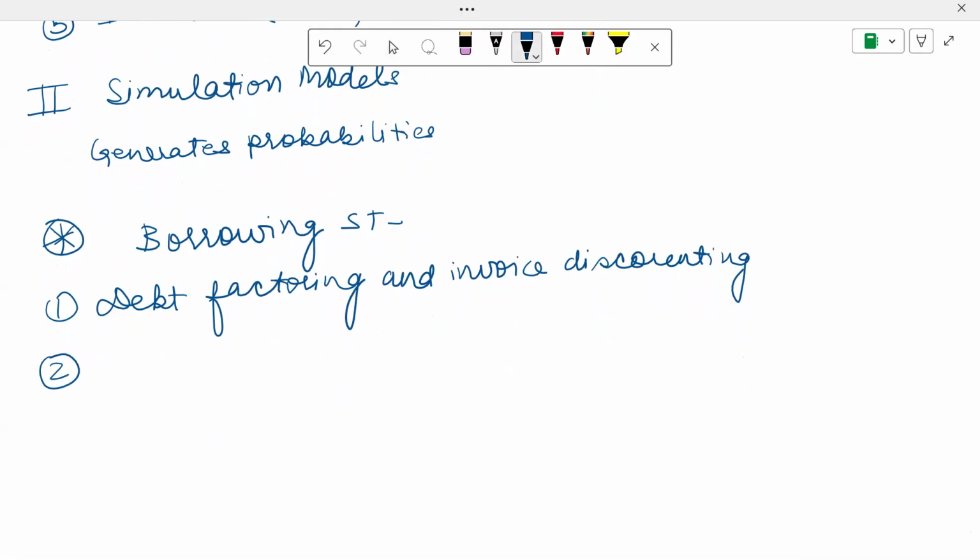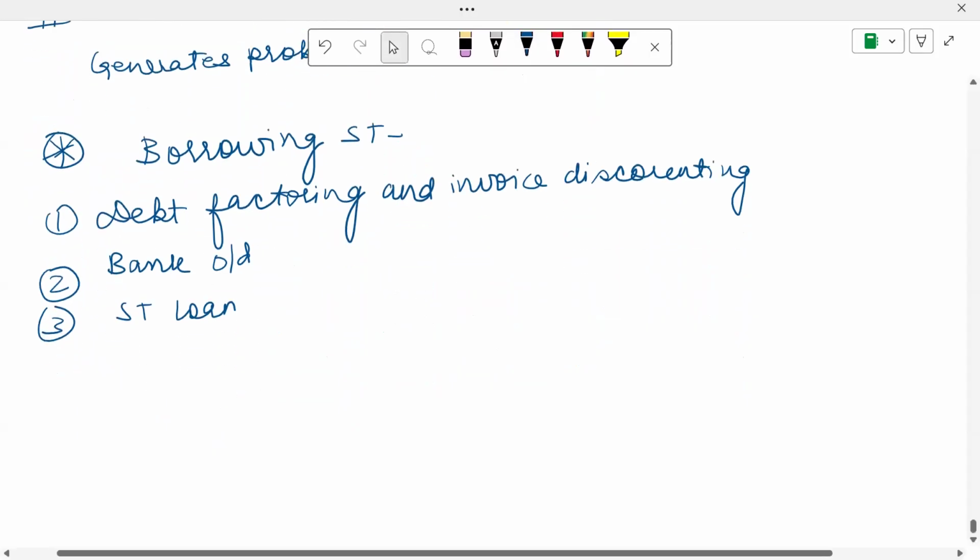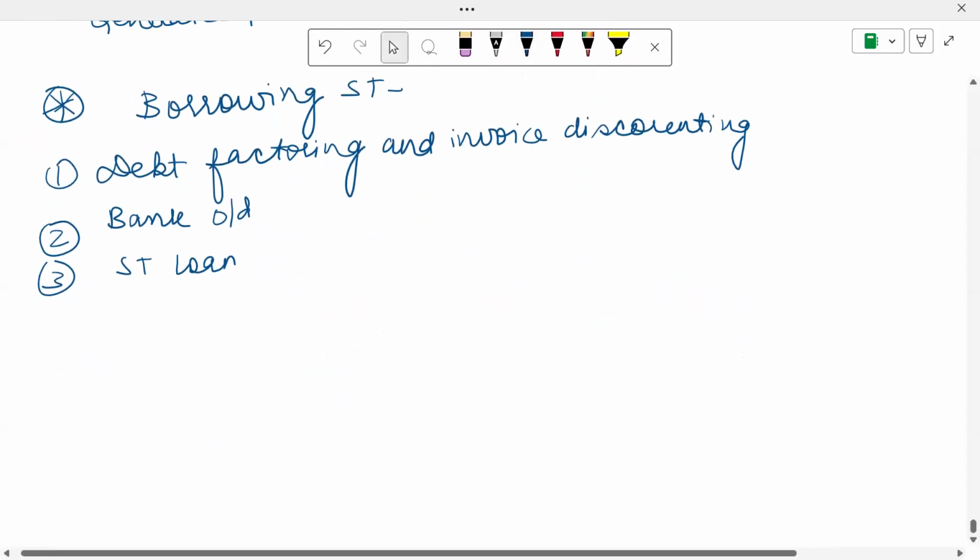Similar is the thing with invoice discounting. They can go to banks and discount the invoice, and then they can obtain the funds right now, but a lesser amount. And another short-term source is your bank overdraft, so bank ODs. And then you can also consider taking a short-term loan from any financial institution.